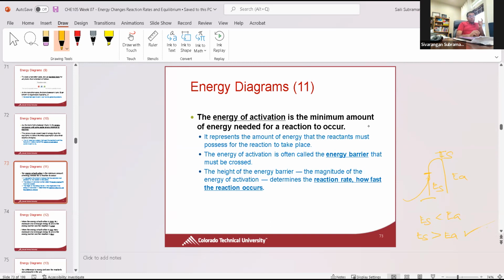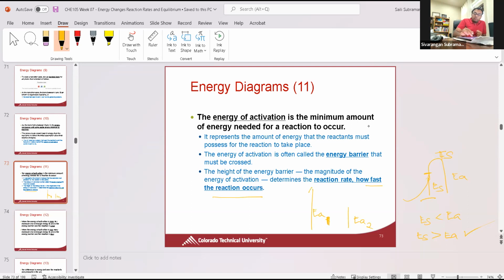Now you're going to look at a couple of effects of the energy of activation. The biggest one is that the energy of activation determines the reaction rate, or basically how fast or quickly the reaction occurs. Okay, for a higher EA and a lower EA.